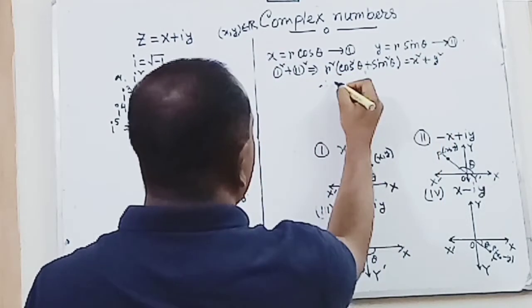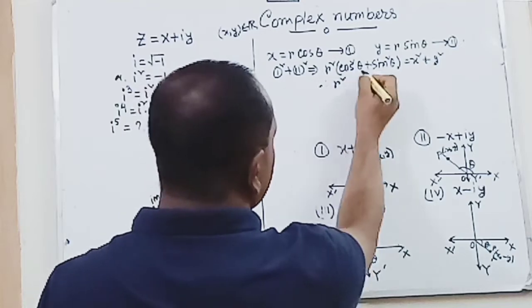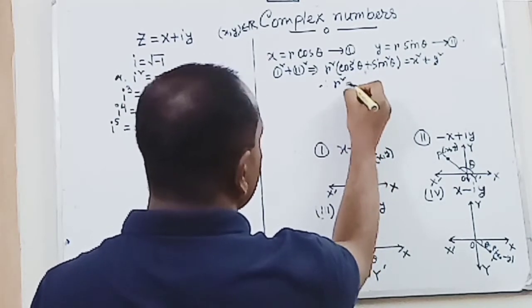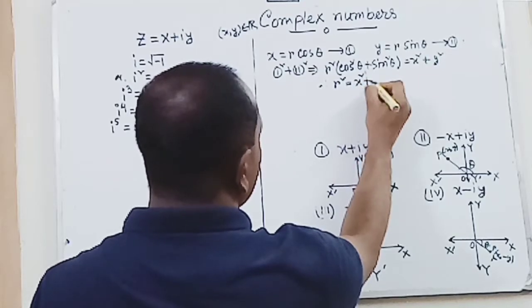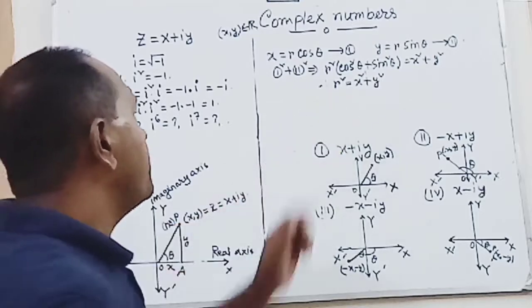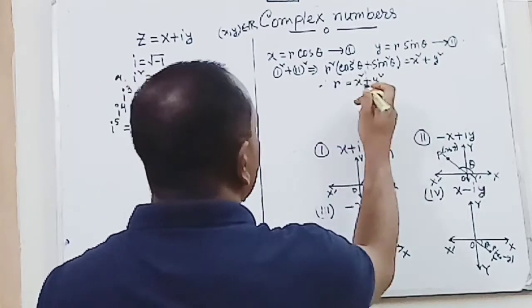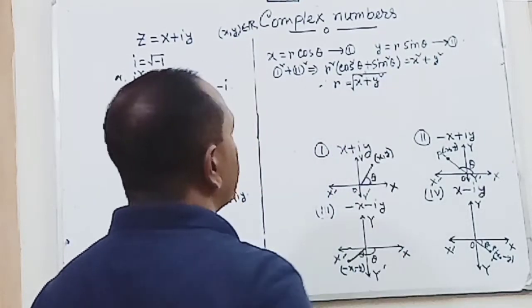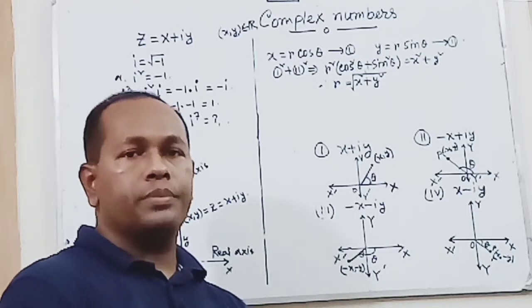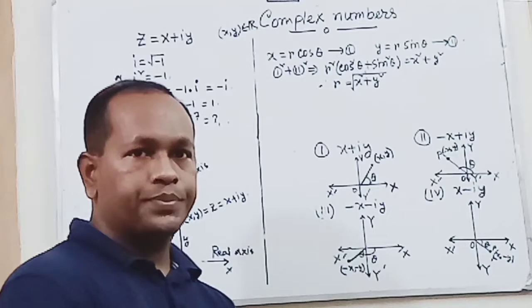So r square cos square theta plus sin square theta, where sin square plus cos square is nothing but 1, so r square is equal to x square plus y square. And if you find the value of r, then you will get root of x square plus y square, and that will be the modulus of this complex number.